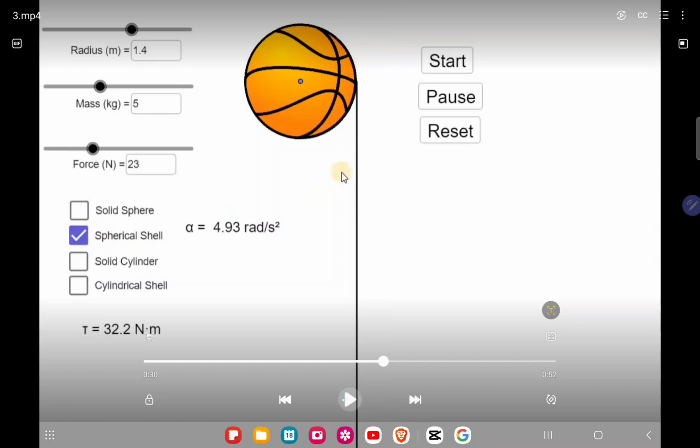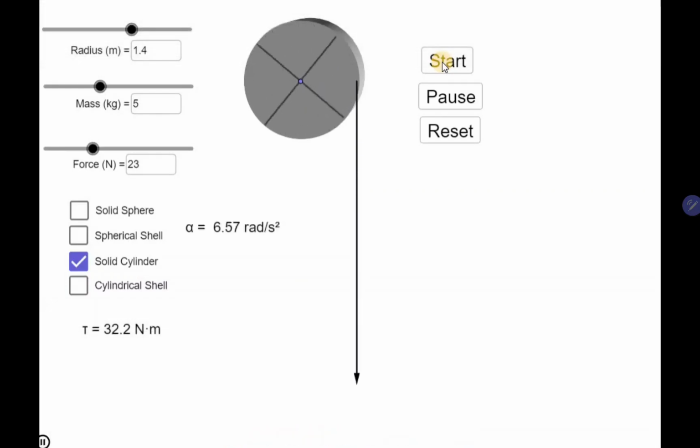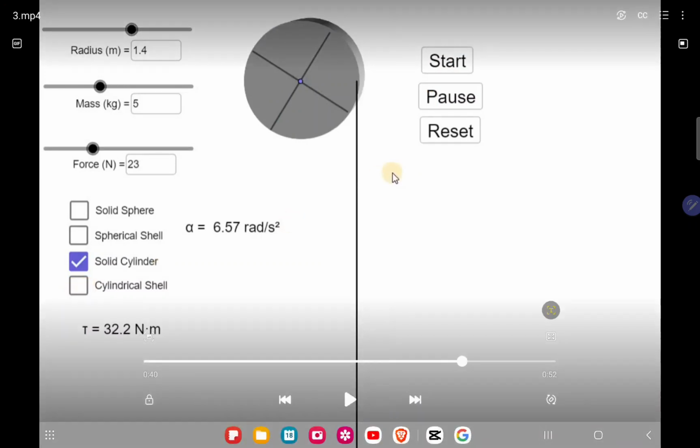Now let's change the spherical shell pulley into a solid cylinder. Again, same procedure, same everything. Here the only thing that changes is the moment of inertia.